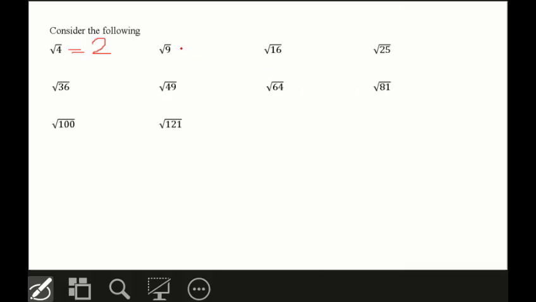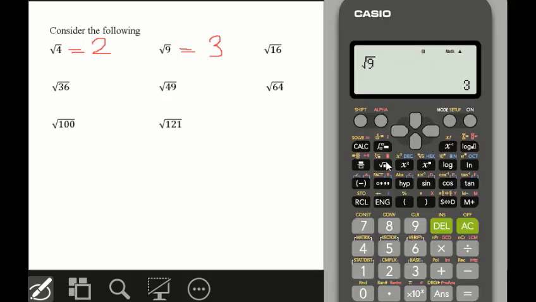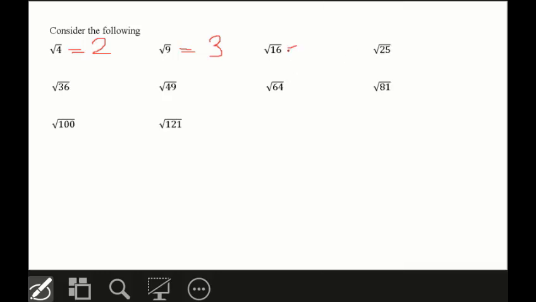Good. So the root of 9 is giving us 3. Let's find the root of 16. Root of 16 and press equal to. That's giving us 4, right? Good. The root of 16 is giving us 4.